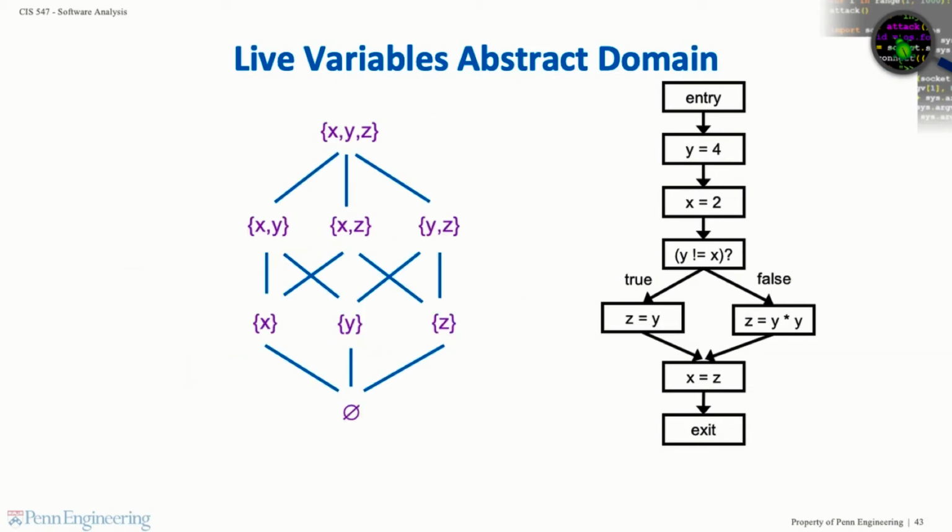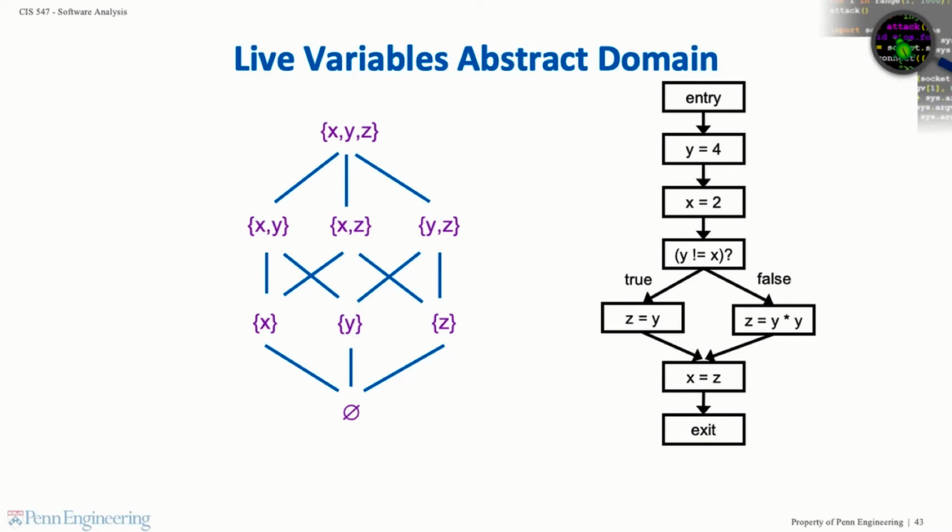Here is a visualization of the abstract domain for live variables analysis on our example program. Again, the nodes are abstract values, and the edges represent the set inclusion partial order between them. The bottom node, the empty set of variables, is the most precise, and the top node, the set of all variables, is the least precise.